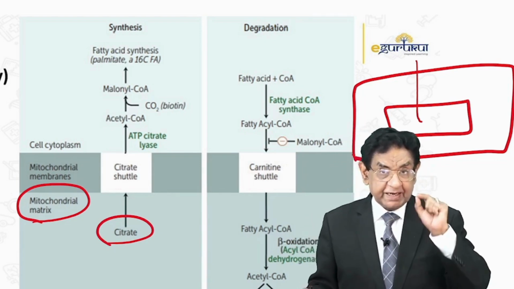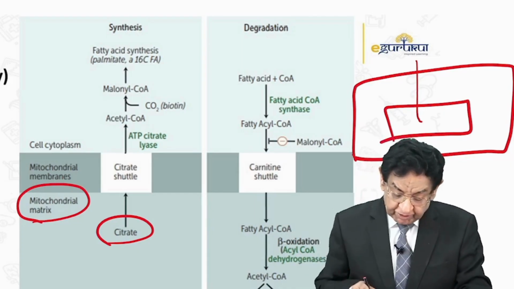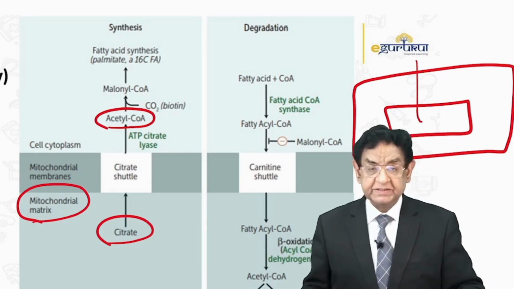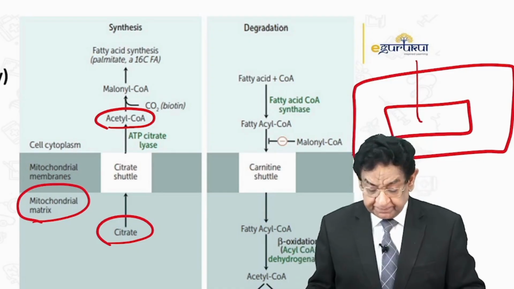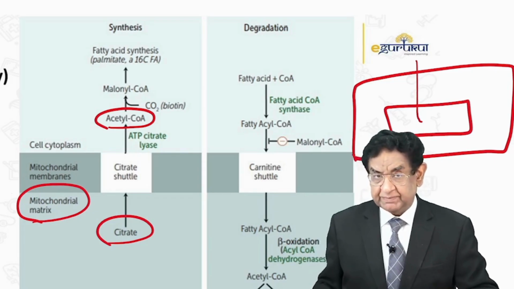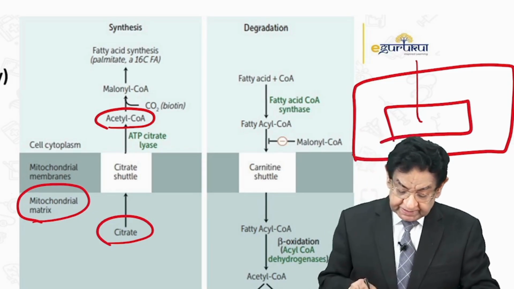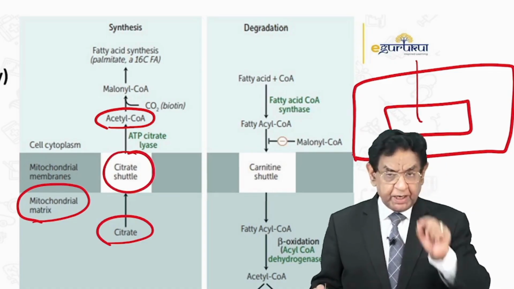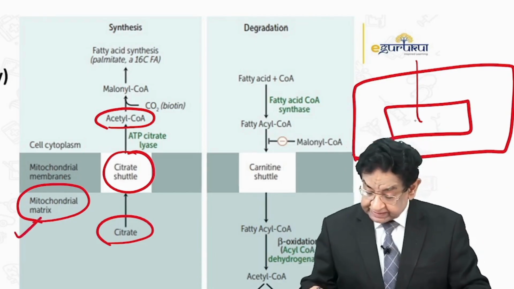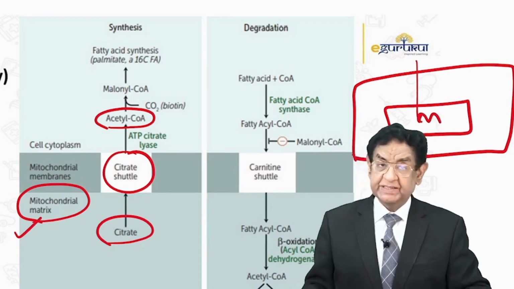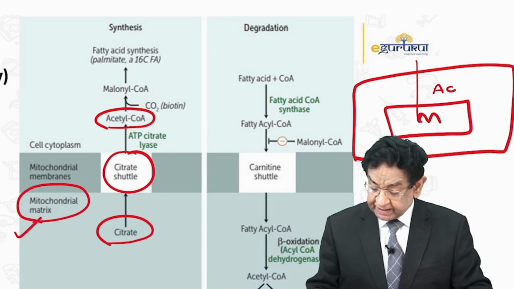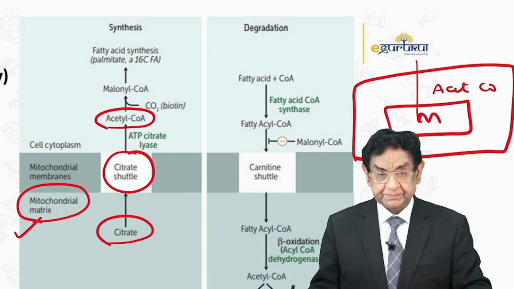And we also know that we got acetyl coenzyme A. Citrate is a part of the TCA cycle, and this citrate comes out and makes acetyl coenzyme A, and this is done by the citrate shuttle. Point to be noted, citrate is lying inside the mitochondria. Now citrate comes out and it makes acetyl coenzyme A.